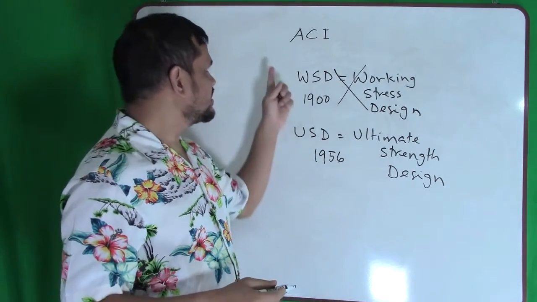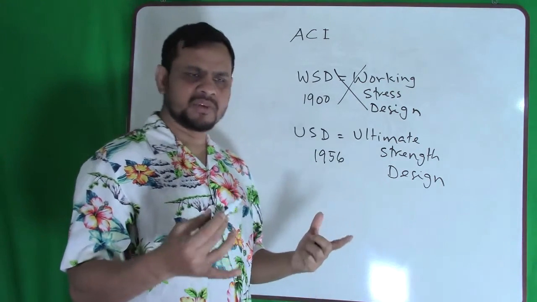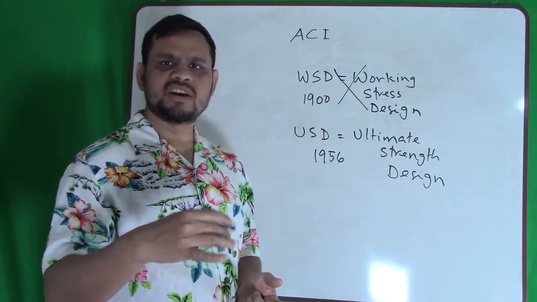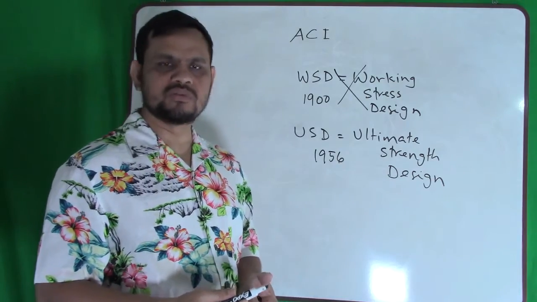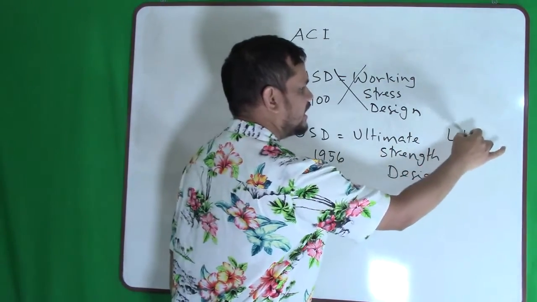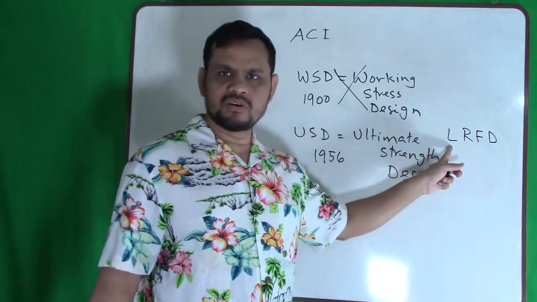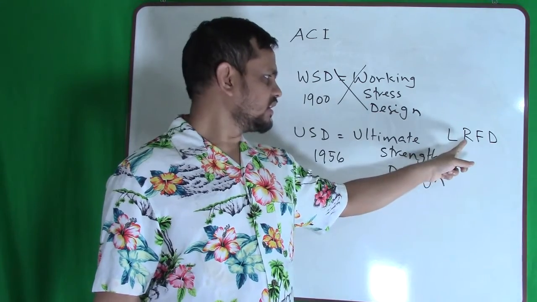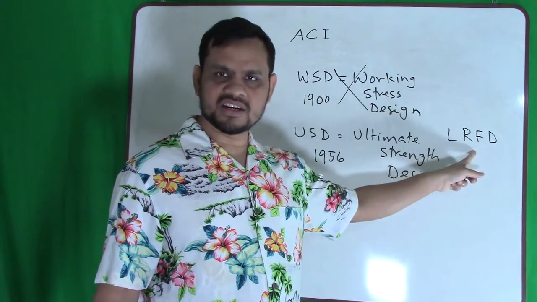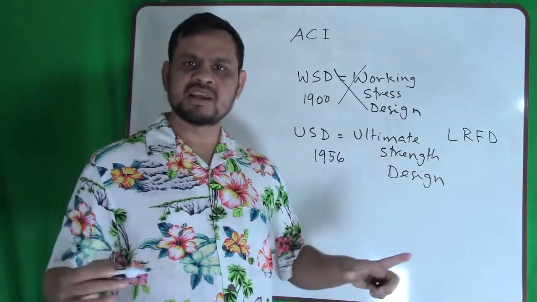In reinforced concrete design we call it the USD method. It is the same method, but we use different names for steel and wood. In steel and wood, we use LRFD, load and resistance factor design. Actually, same method, different names.